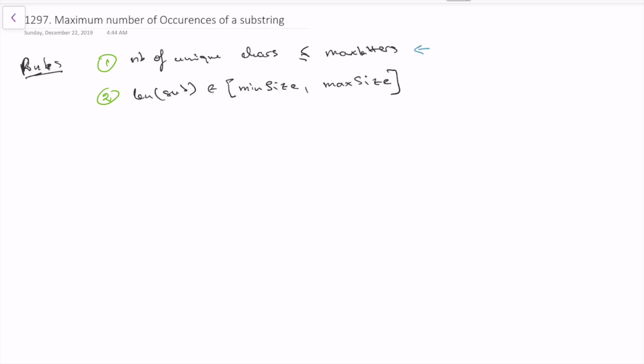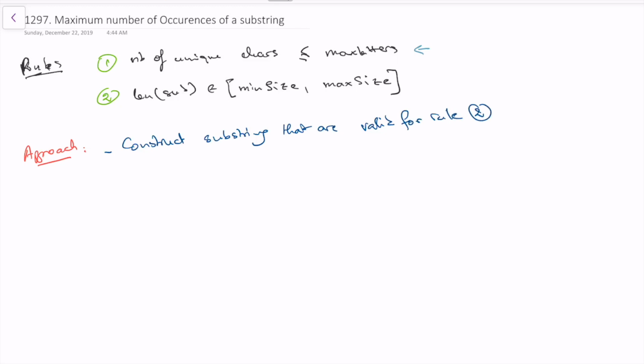So in our approach here, first we can just construct substrings that are valid for the second rule.